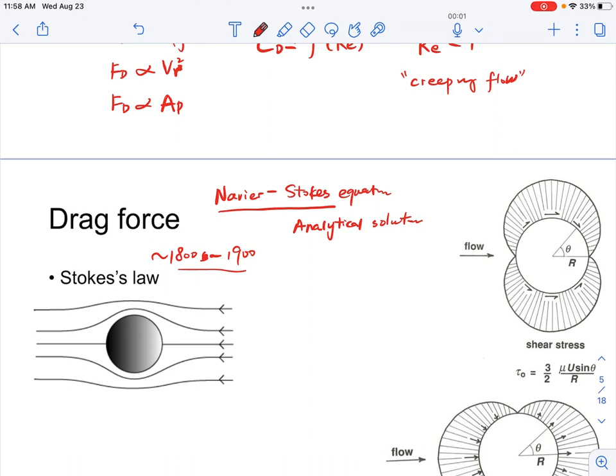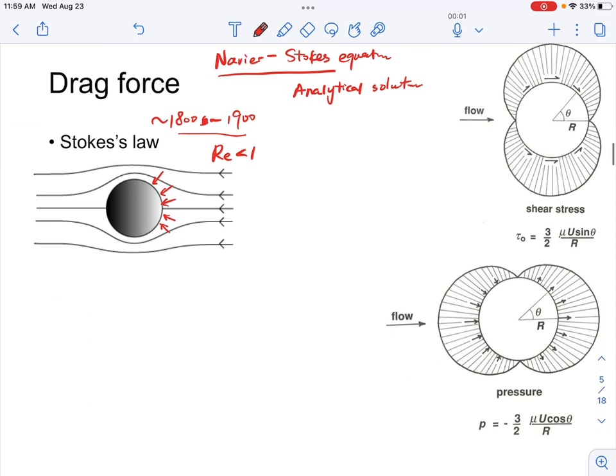But if we're talking about this specific regime, where the Reynolds number is smaller than 1 and the surrounding fluid is adding a force continuously onto the particle, then there is an analytical solution where we can represent the different forces and the flow velocity through mathematical equations. It turns out that the fluid can add two types of forces onto the particle. One force is directly onto the surface of the particle.